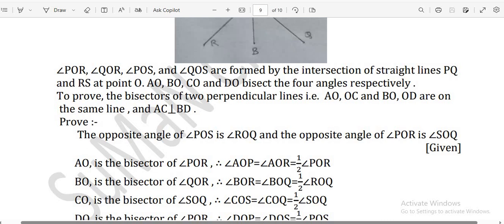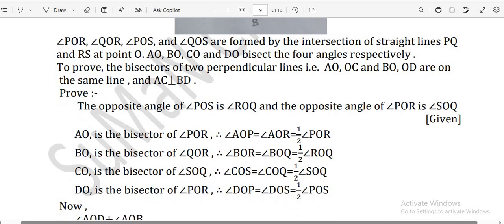BO is the bisector of angle QOR. Therefore, angle BOR is equal to angle BOQ, which is 1 by 2 angle ROQ. CO is the bisector of angle SOQ. Therefore, angle SOC is equal to angle COQ, which is 1 by 2 angle SOQ. DO is the bisector of angle POS. Therefore, angle DOP is equal to angle DOS, which is 1 by 2 angle POS.